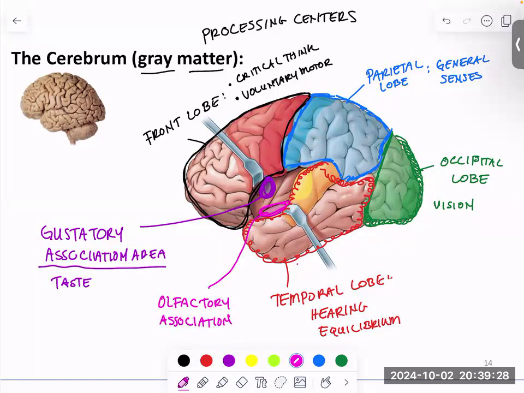What is olfactory? That is where you interpret smell. And that's why smells trigger memory more than any other sense. I can pass around cinnamon to everybody right now, and everybody's going to remember something different. It triggers a memory instantly.